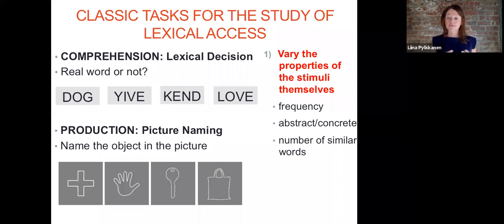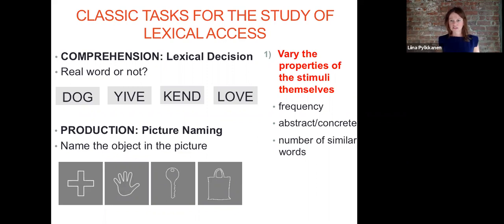So for example, along the sound dimension, some words have very common sound sequences. So for example, the word mat has very common sounds, it sounds like a lot of other words in English, and you can probably easily generate them in your head, like cat, pat, and so forth.